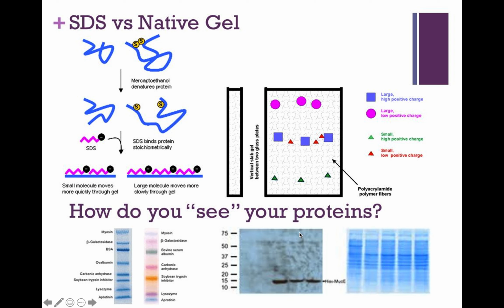When they ran on the native gel, after modification, they could see that the size is around 15 kilodalton, and based on this, it is actually a low negative charge. But over here, when they ran it on SDS-PAGE, they could see that it separates into many bands, but doesn't tell them of the charge and so forth.